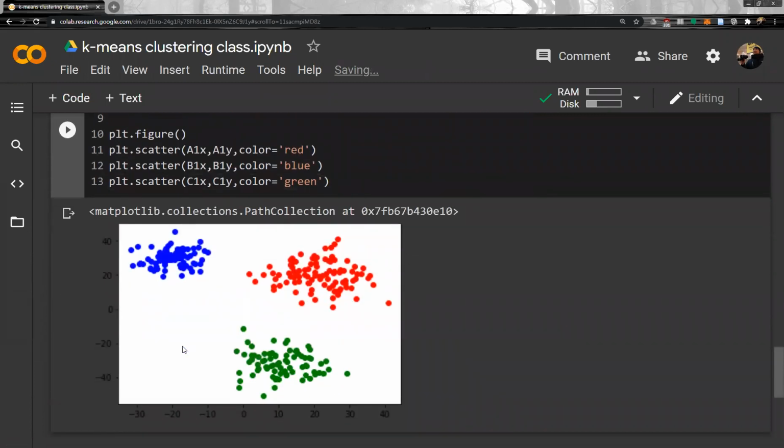And then of course we have centers, right?